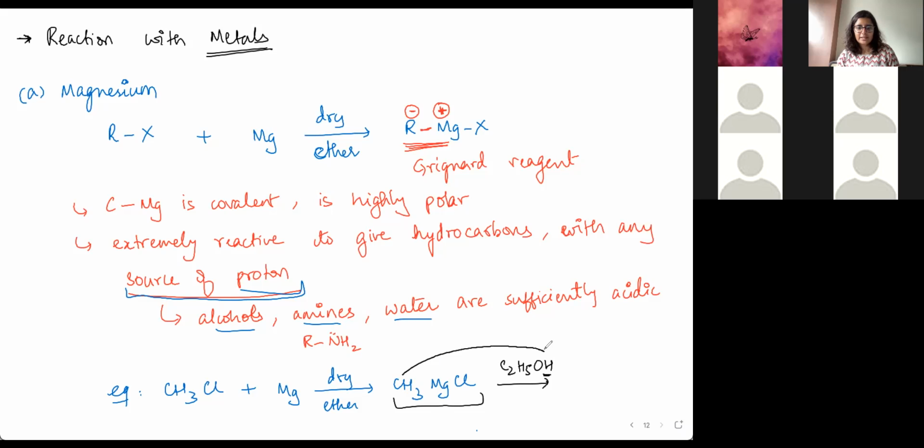So this basically attacks the H plus, gives me methane plus C2H5OMgCl.